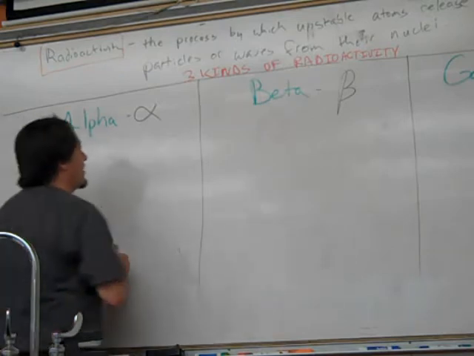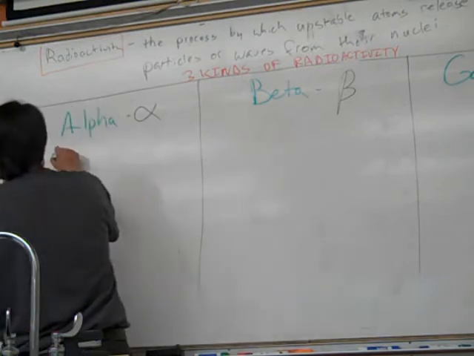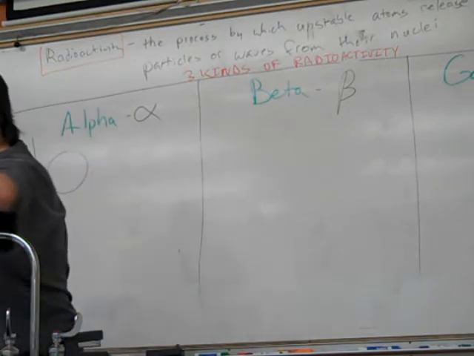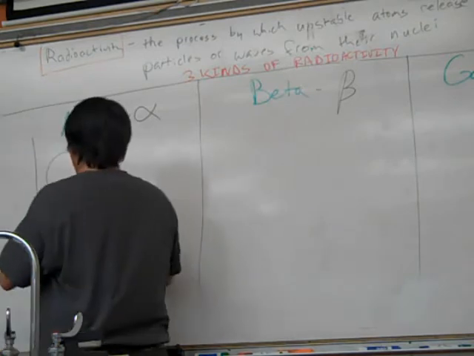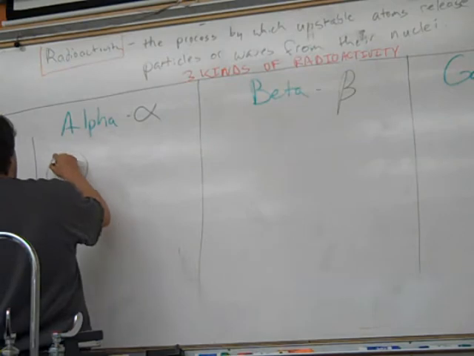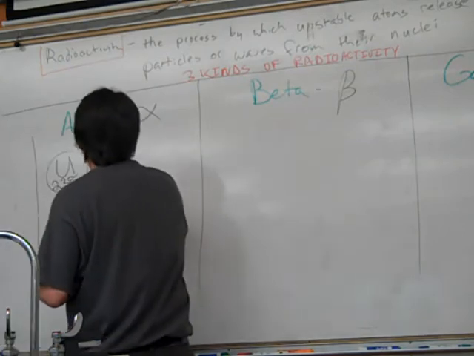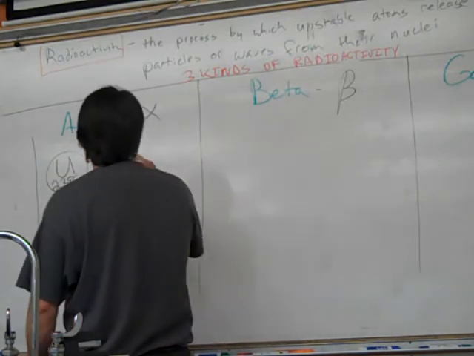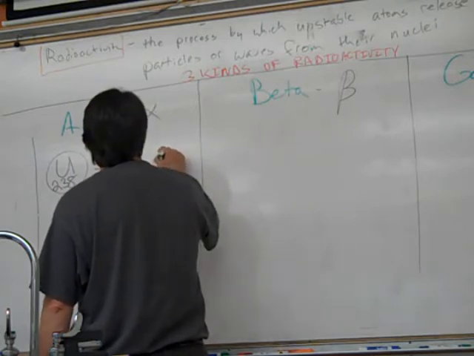Okay. So alpha, as you saw, I'm going to turn off the Geiger counter. It's a little irritating, isn't it? For example, if you had uranium-238, it's just like a chemical reaction. It starts as this, and then it shoots out an alpha particle, and it becomes something else.